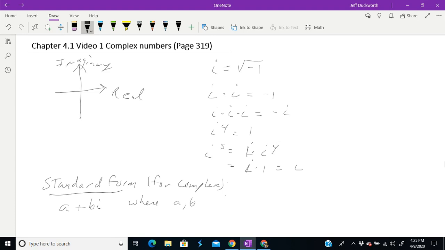So a and b are elements of the real number line. So that's our standard form. If a question asks you to put the answer in standard form, this is what they're looking for.